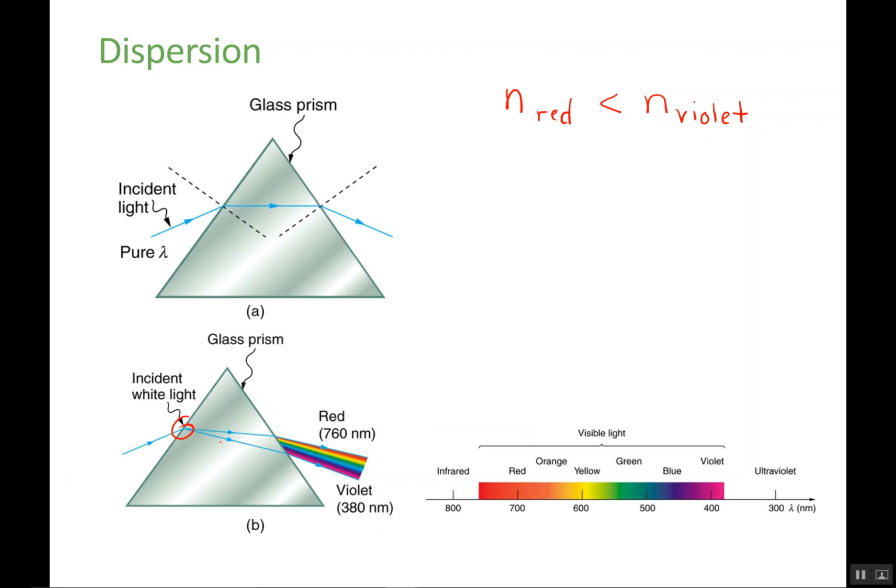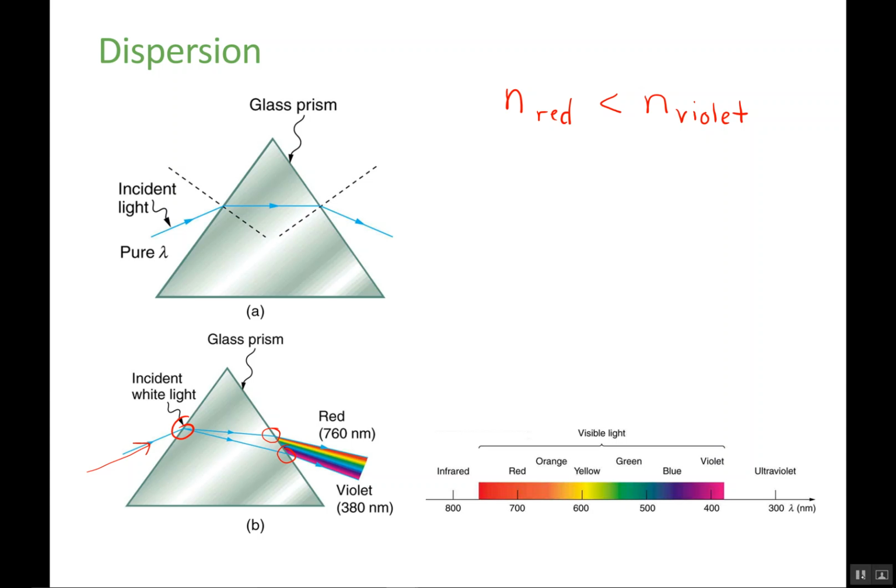And this creates a separation. The separation is made even more dramatic when the light exits the far side of the glass prism. The colors that were all combined as white light when they entered the prism have become dispersed, spread out, separated when they exited the other side of the prism.